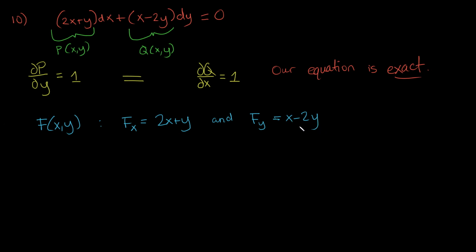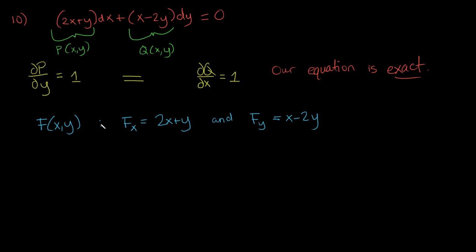I know it's already much easier when we're just plugging things in, isn't it? Now we can pick either of these two constraints as our starting point and use the other one to solve for our function of integration. But let's keep it simple and use f sub x.